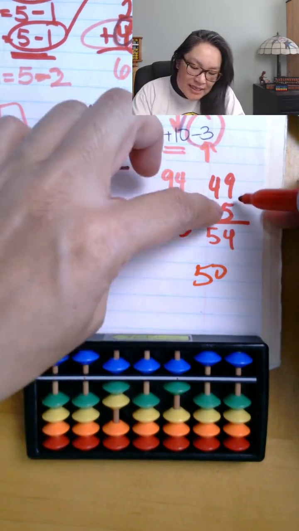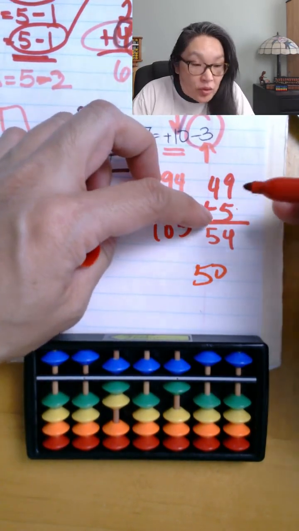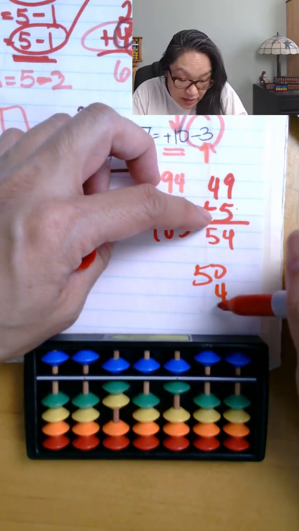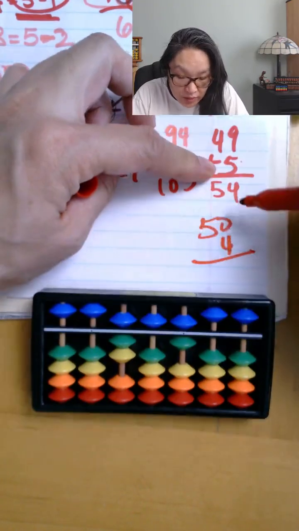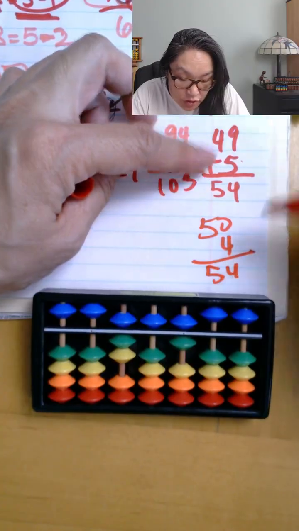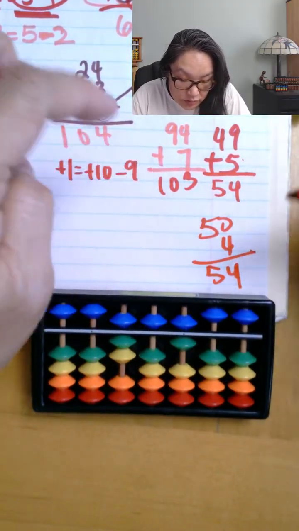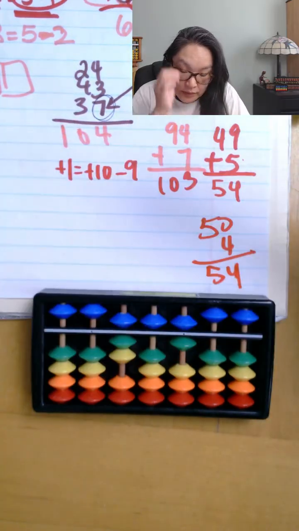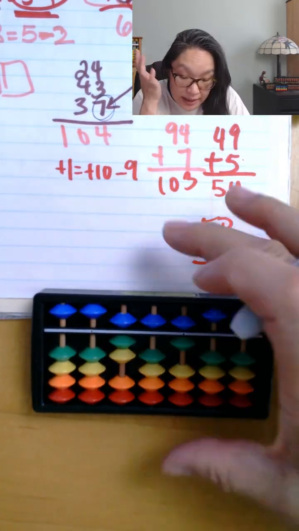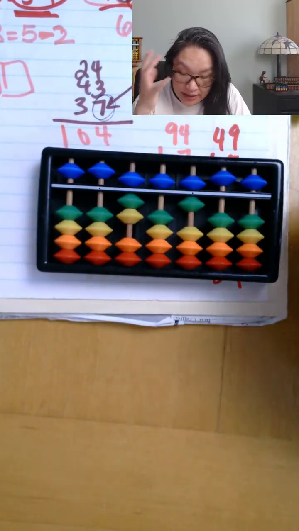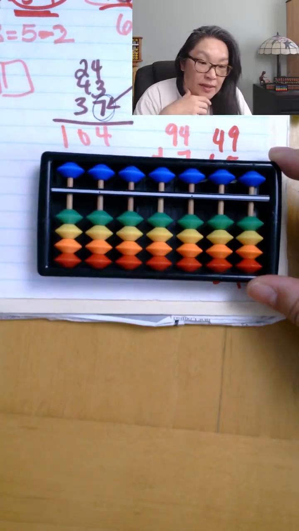And because I added the 1 here, I have to take away the 1. I don't know this strategy, I'm just thinking ahead. And this is an easier number to worry about. Okay, then that's 54. You could do that too. Same thing. It just depends on what your strategy is. Mine happens to be an Abacus methodology.